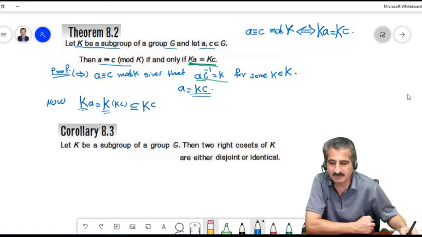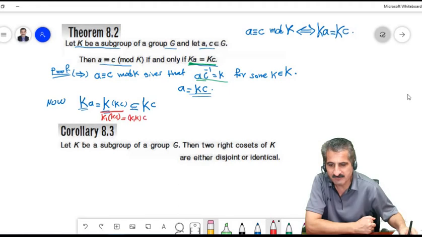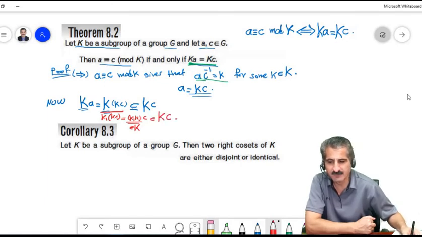Do you know why? This is a subgroup, so let me explain that. Any element that lives here is very trivial. It has the form k1, any element from the subgroup K, multiplied by small k and then small c. And then by associativity we have k1 times k times C. But k1 times k lives inside capital K, right? So this belongs to KC. And then we are done. So KA is contained in KC.